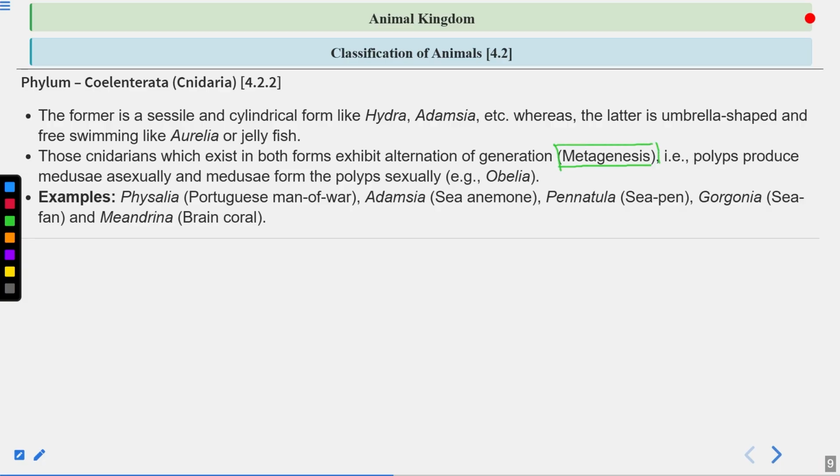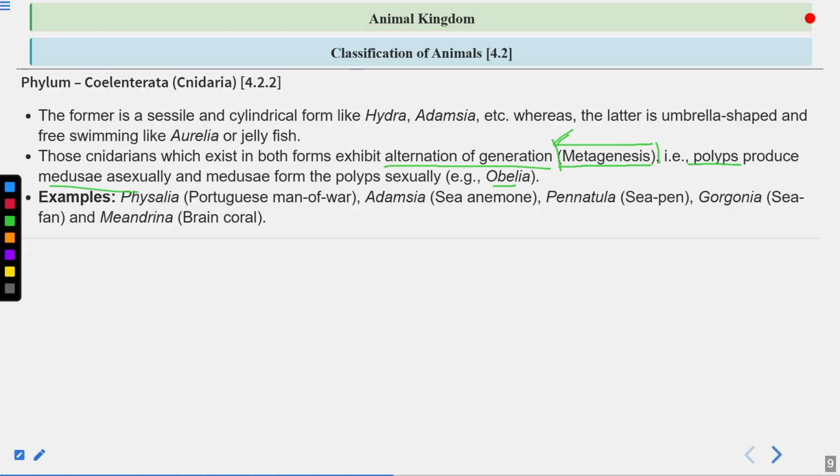Metagenesis is the term that is given to the alternation of generation that we see in the case of Obelia. First of all, they have the polyp stage.